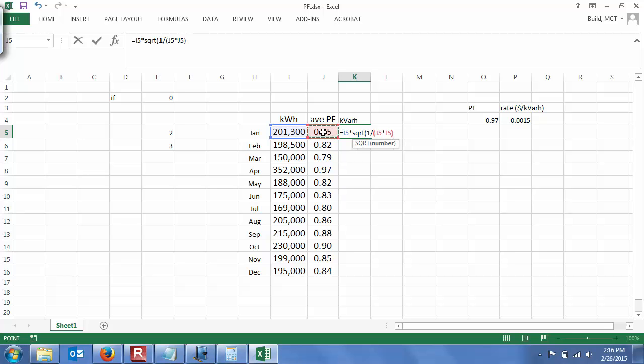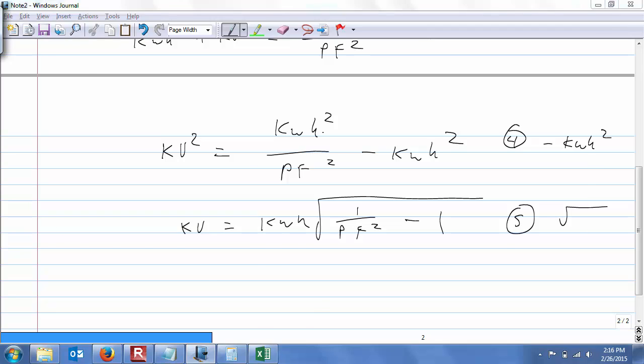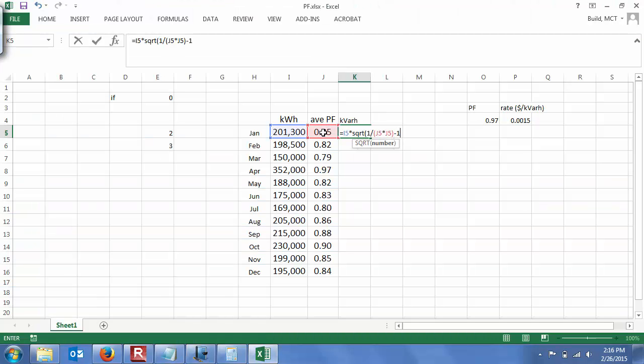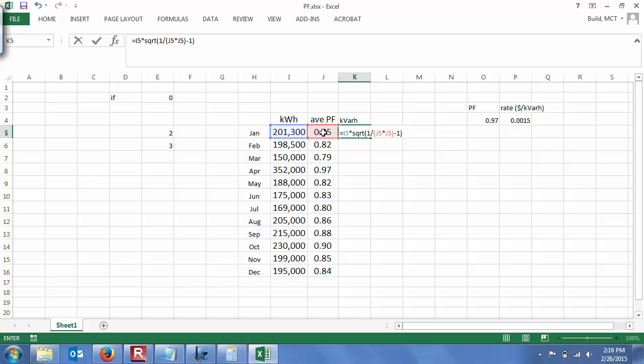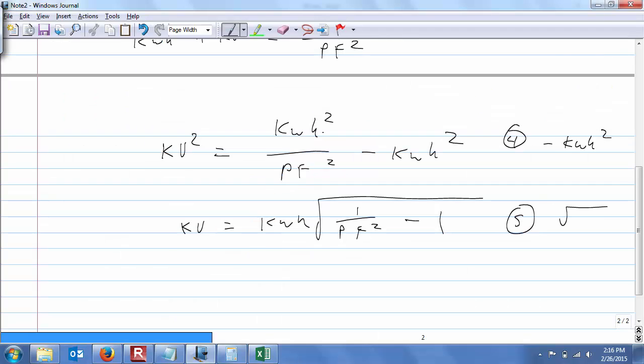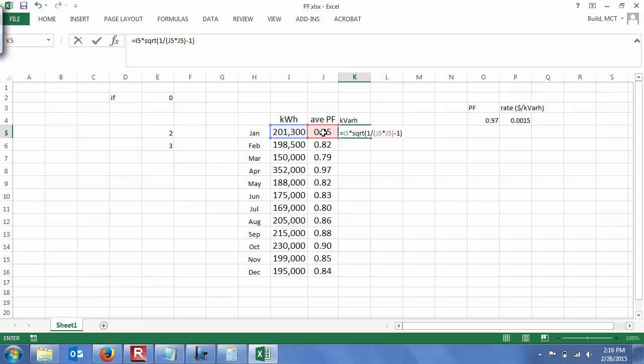I think my dear Aunt Sally gets a little confused in Excel sometimes. Minus 1, close parens. So we've got my kilowatt hours out front, that's my I5, my square root, and the inverse of power factor squared minus 1.